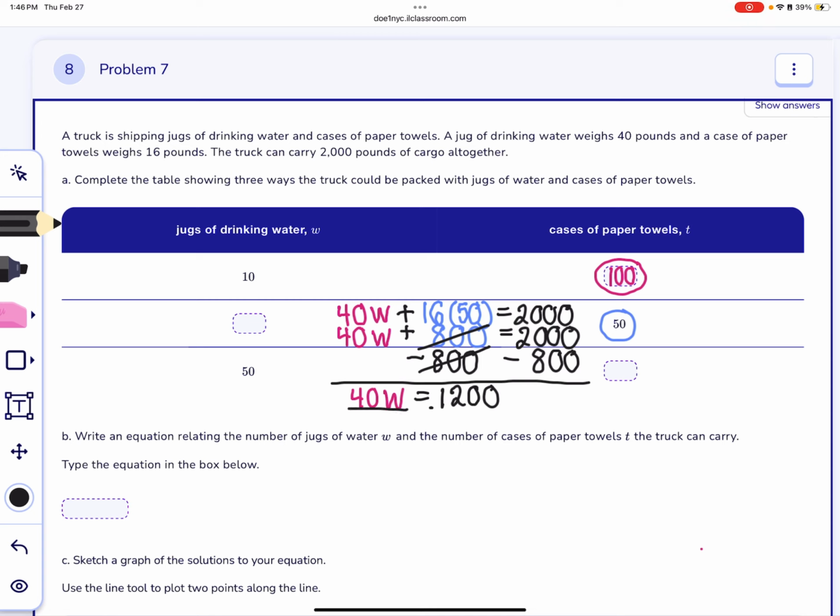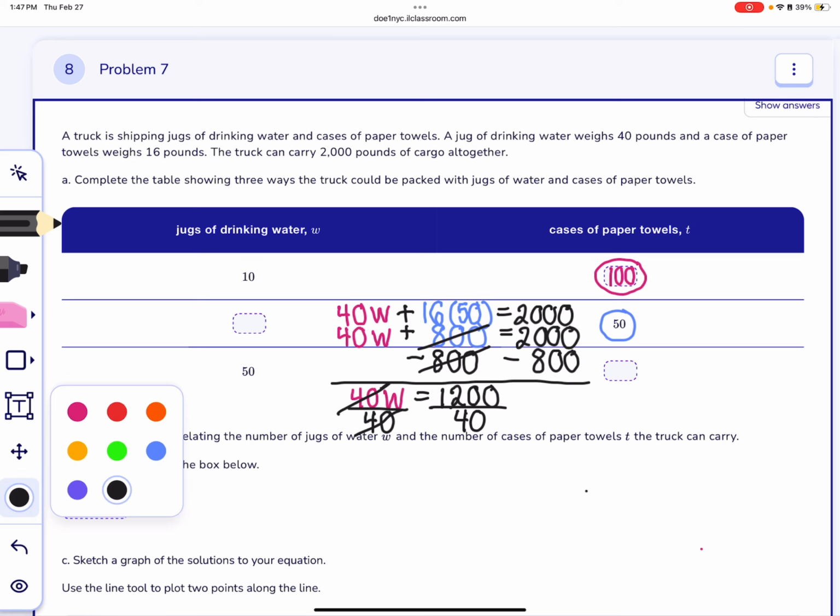Now we're going to do the inverse operation of multiplication, which is division. We are going to divide both sides by 40 so we can isolate our variable W. And when we do that, we end up crossing out the 40 on the left side, and we are left with W is equal to 30.